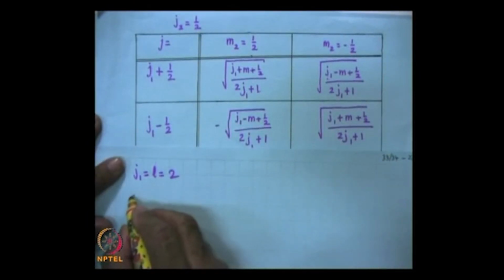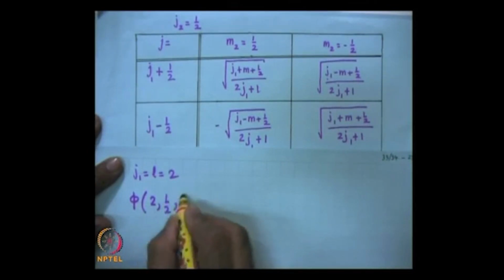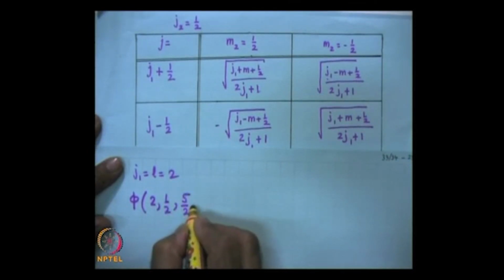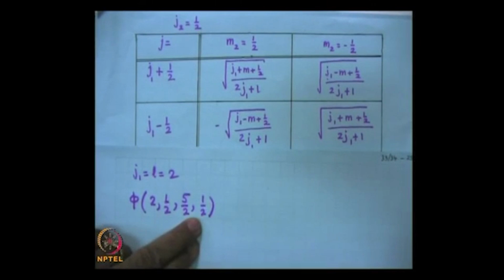Let me consider the 5 functions corresponding to j1 is 2, j2 is half, this is 5 by 2, and let me consider the function corresponding to m is equal to half. Let me consider half. So, m value, let us suppose it is half.